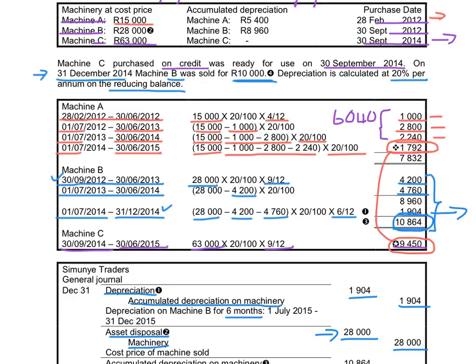And on machine B, up to the end of the previous year, we've written off 8,960. So I will add those two amounts together to determine what was my opening balance in the accumulated depreciation account at the beginning of the year.